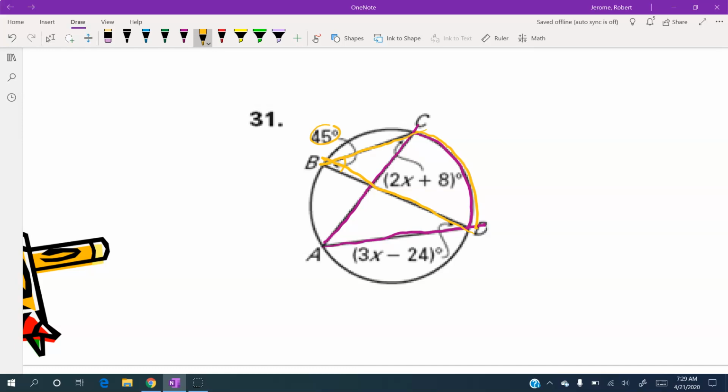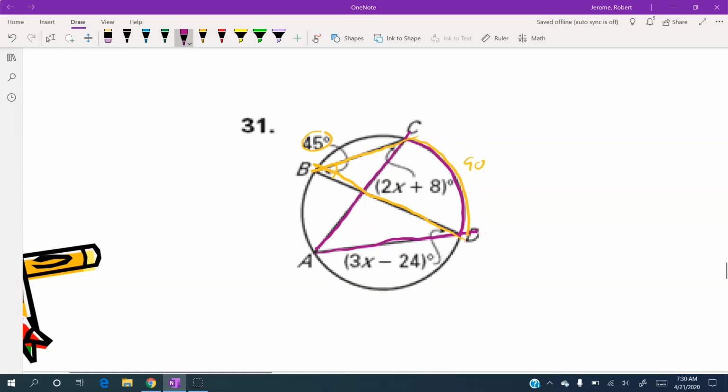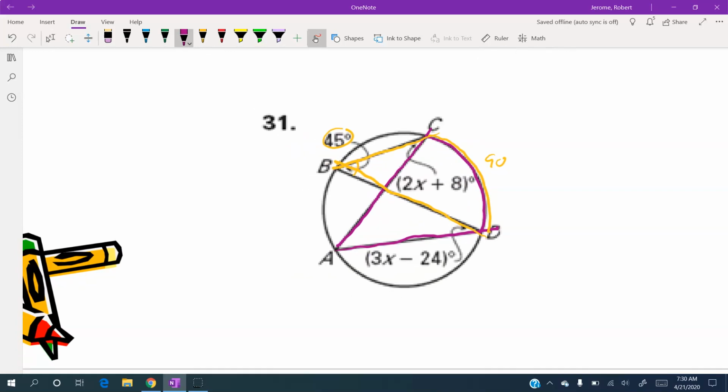So angle B is 45, which means the arc is 90. Since the arc is 90, we're going to take that arc measurement and trace it back to that angle, and angle A is 45 degrees.